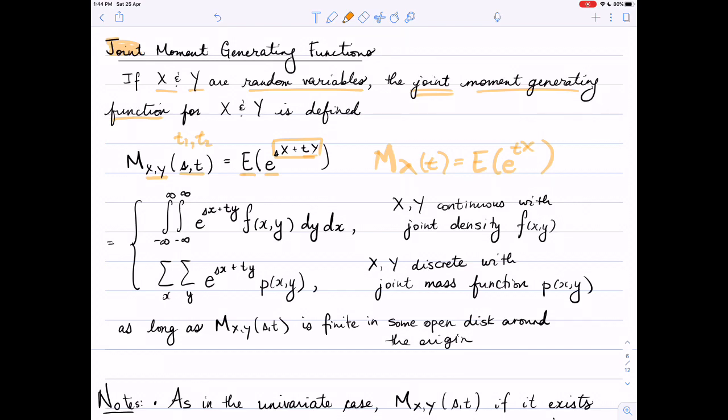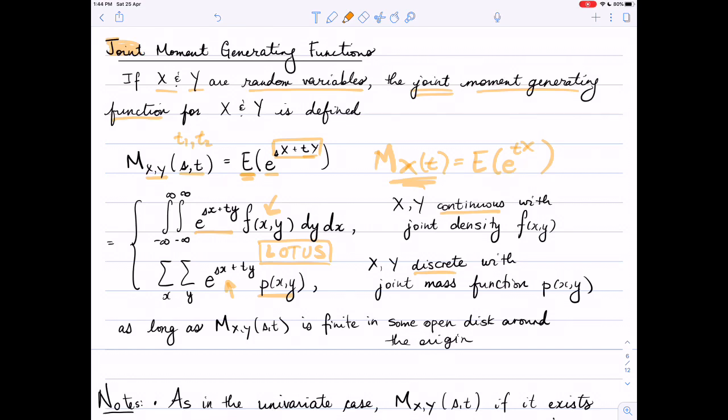So this expected value is calculated exactly the same way that the single variable one is calculated, and that is by LOTUS, except obviously now you're using a multivariable LOTUS. So you put the exponent e to the sX plus tY in front of the density function if X and Y are continuous, or in front of the PMF, the mass function, if X and Y are discrete.